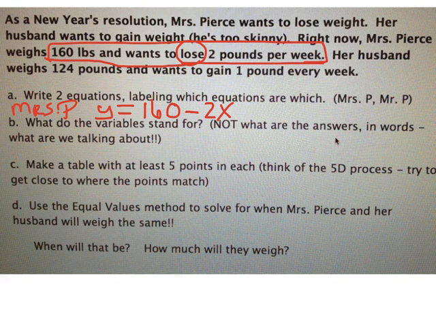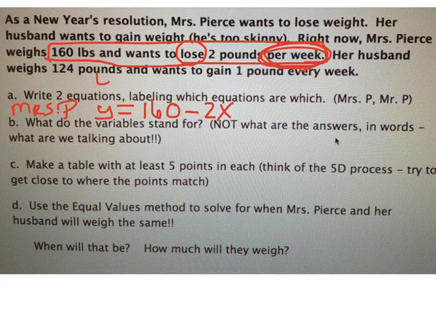Notice she's losing weight, and so that would be subtracting the 2 pounds per week. Whenever it says per week or per whatever, that's the thing that happens over and over again. So that's our rate of change. That's our growth rate. In this case, hopefully it's the lose weight, the lose rate.